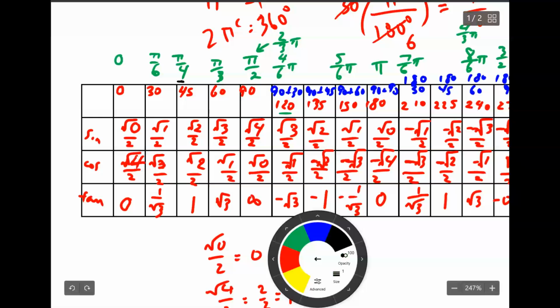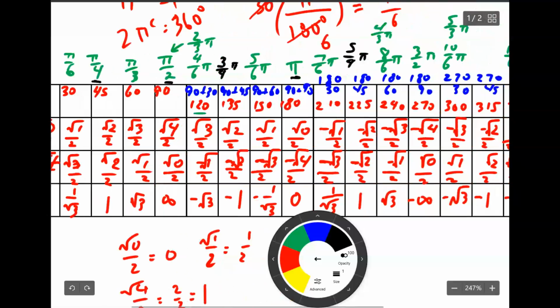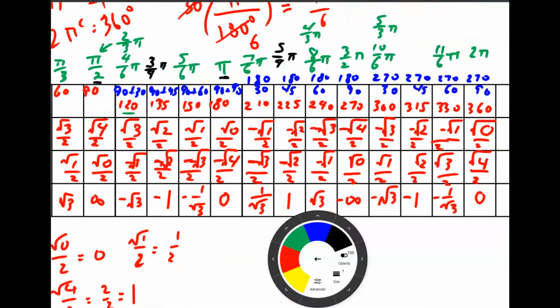So this one is 1/4 pi, this would be 2/4 pi, this would be 3/4 pi, this would be 4/4 pi, this would be 5/4 pi, this would be 6/4 pi, this would be 7/4 pi, and this would be 8/4 pi.